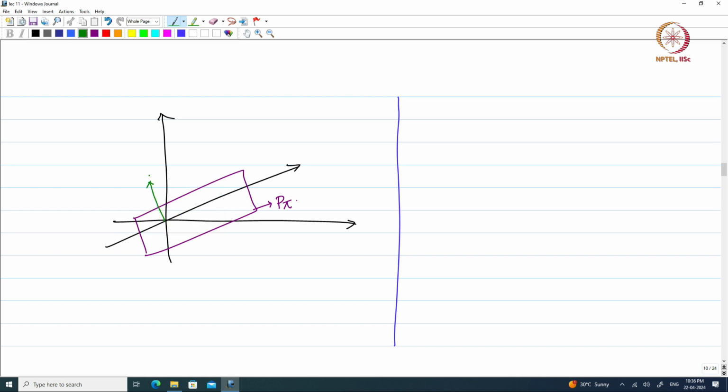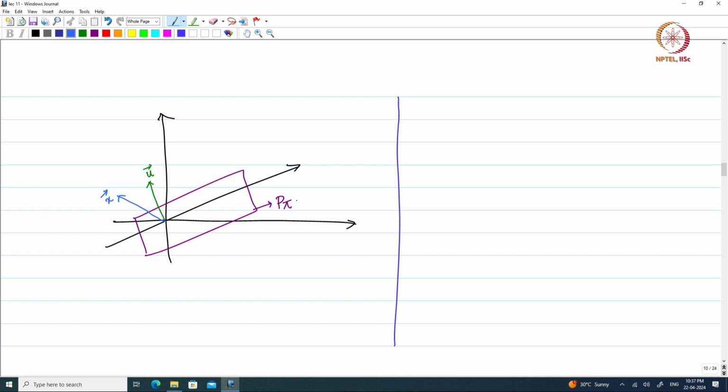So, let this be the vector u, and I am going to look at another vector x. So, let us take this to be the vector x. What I want is the projection of this vector x onto the plane p pi.